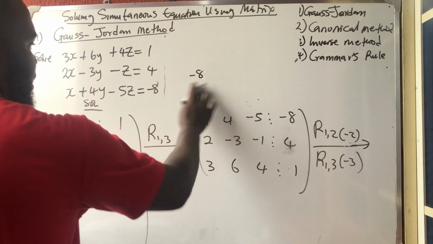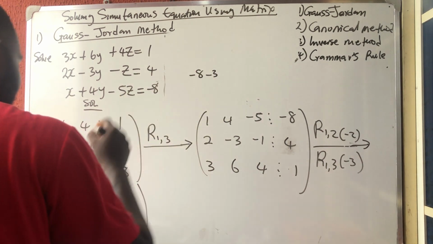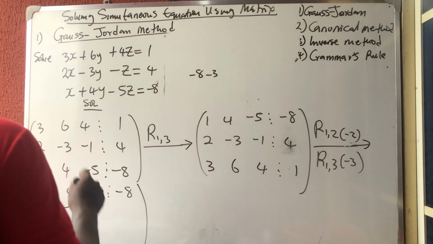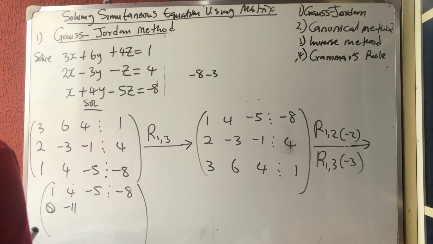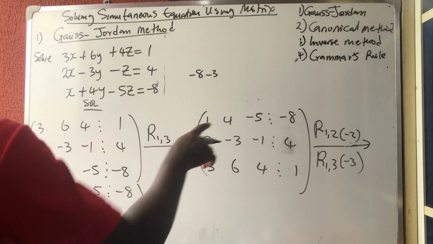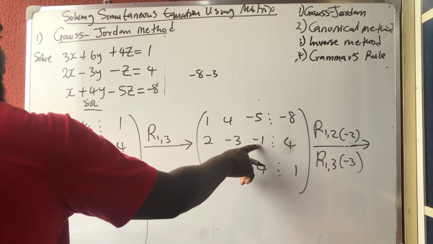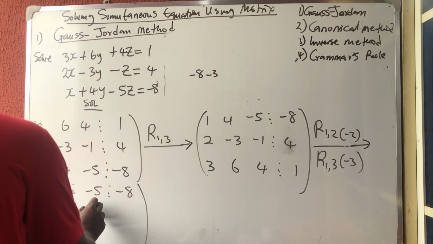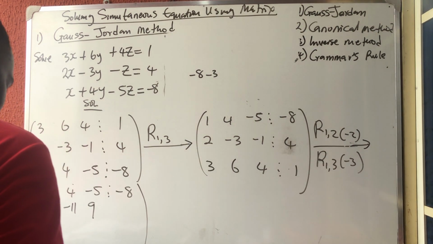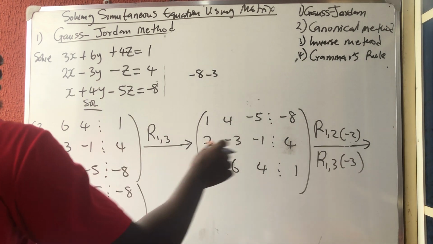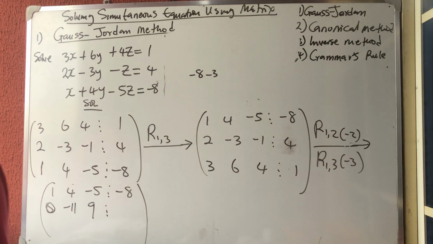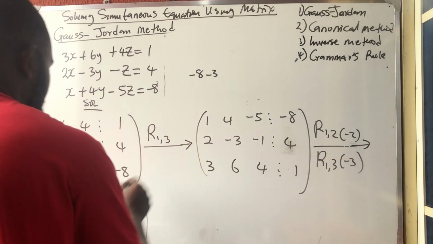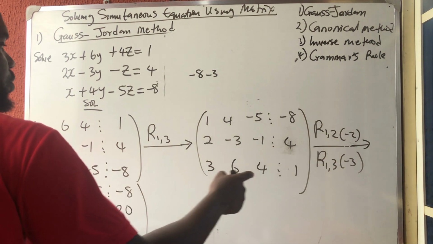So minus 8 minus 3 will give you minus 11. So here is minus 11. Minus 2 times this is 10. 10 minus this will give you 9. So here is simply 9. Minus 2 times this will give you 16. 16 plus this is 20. So here is 20.